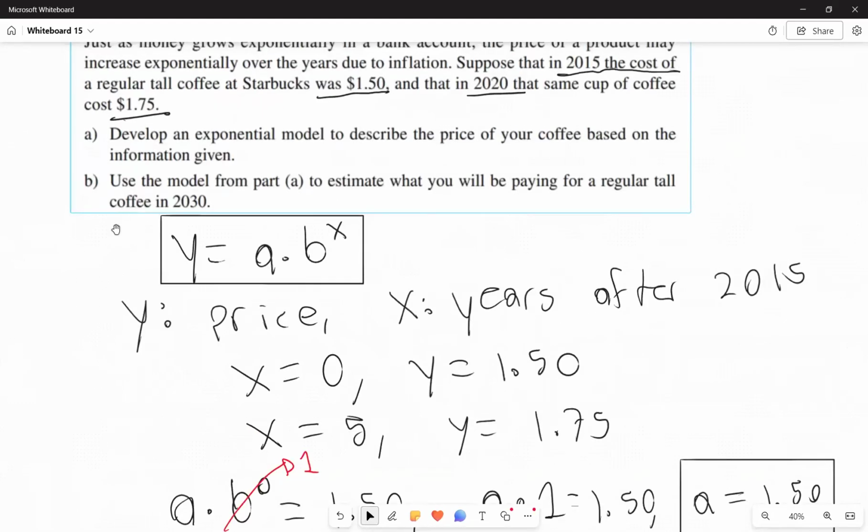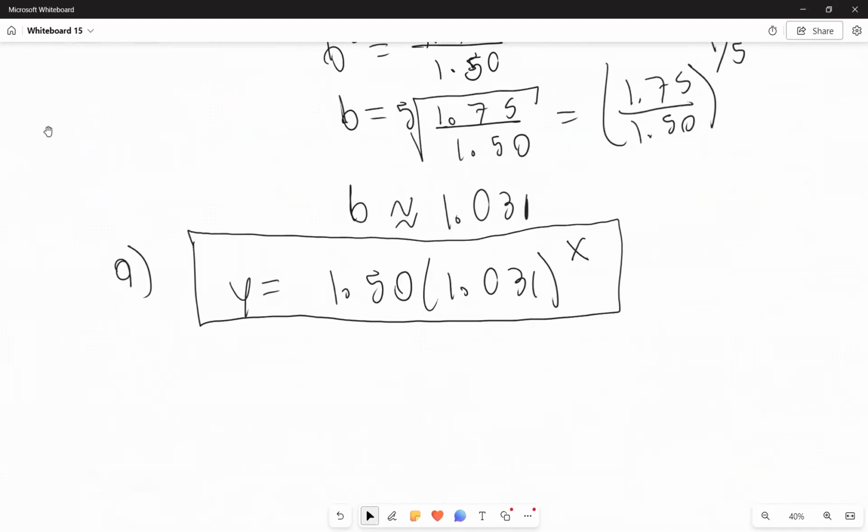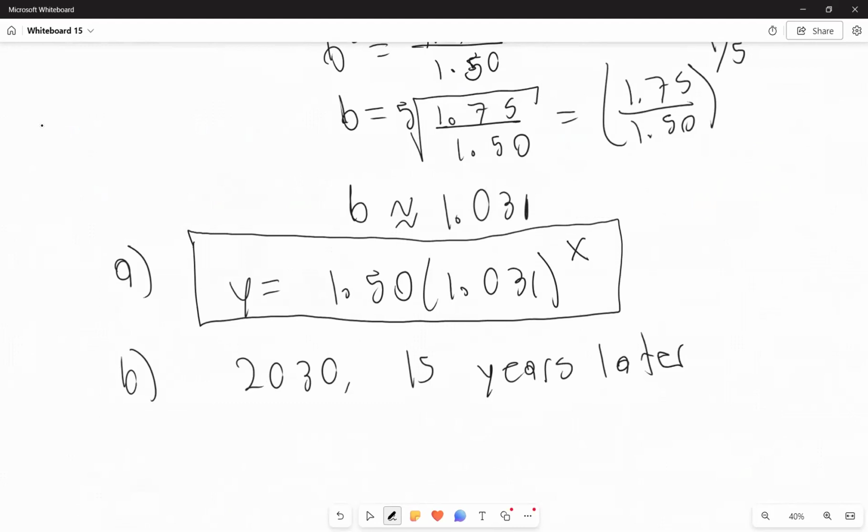And then part B, use the model from part A to estimate what you will be paying for a regular tall coffee in 2030, where 2030 is 15 years after 2015. So 2030, it's 15 years later. And y is 150 times 1.031 to the power of 15.